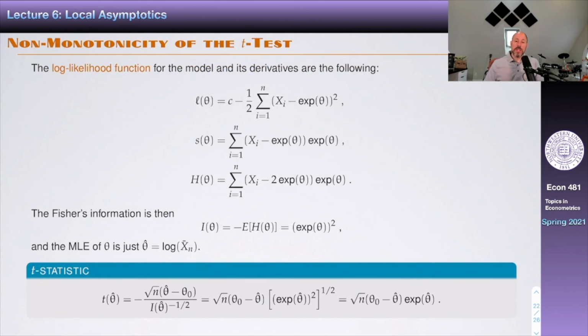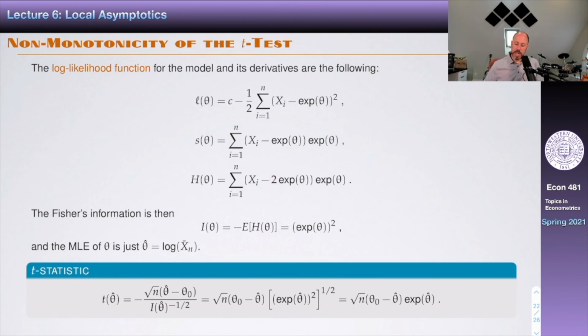All right, this is a parametric model, so we can do log likelihood. The log likelihood is this: there's a constant, and then the term that usually arises in the normal case. Then the score is the derivative of this with respect to theta, which is this without the square times the exponent. The Hessian is the second derivative, take another derivative, and you get a 2 over here.